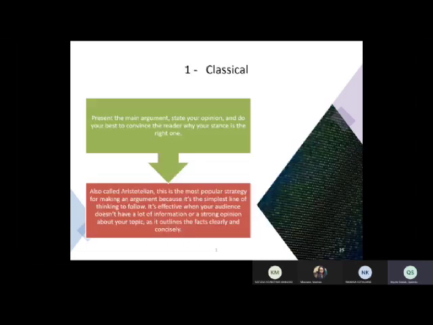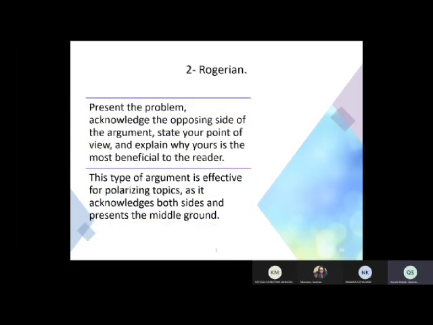But if you go back here, you start by presenting the main argument. So then you state your opinion, and then you just convince the readers about it. But you see here that in the Rogerian, you present the problem first, and then you acknowledge the opposite side, and then you state your point of view and explain why your point of view is the best.